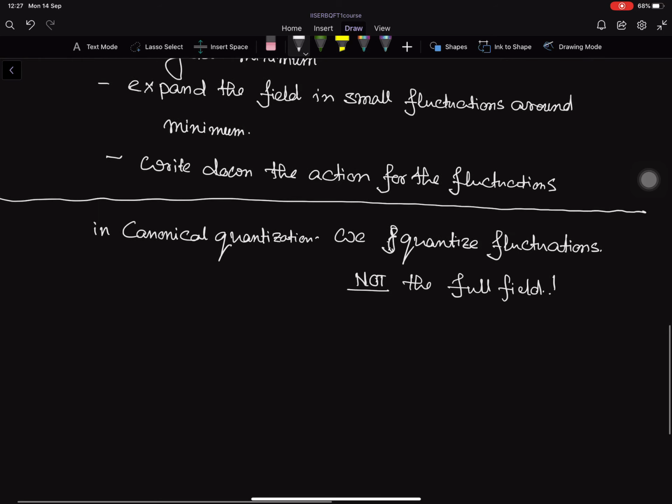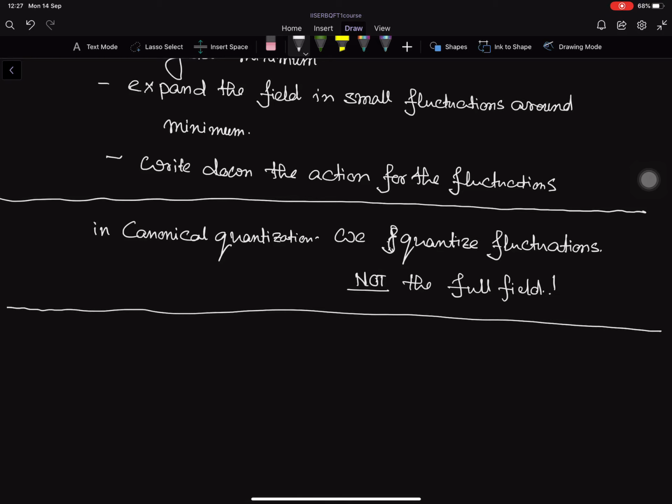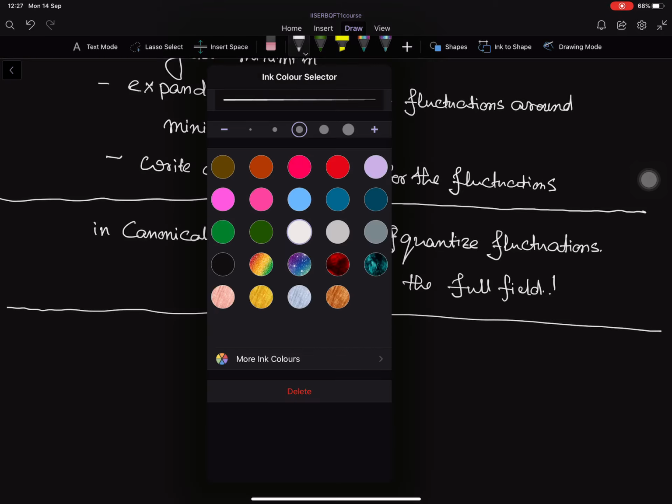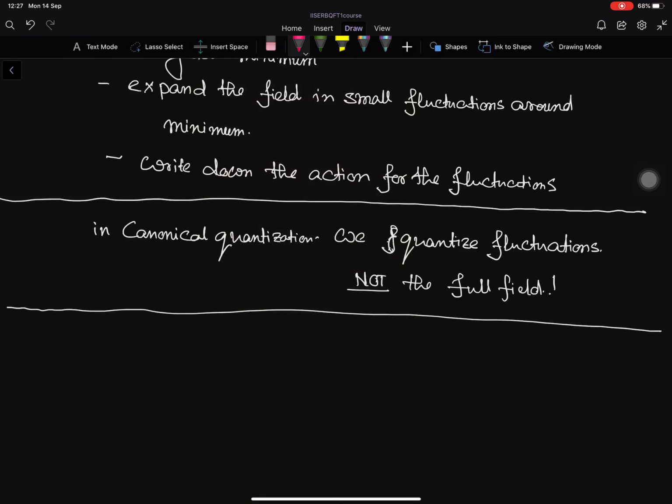But again, for simplicity, let's make another simplifying assumption. We will relax it in the course very soon, and most of the course is about how to relax that condition.